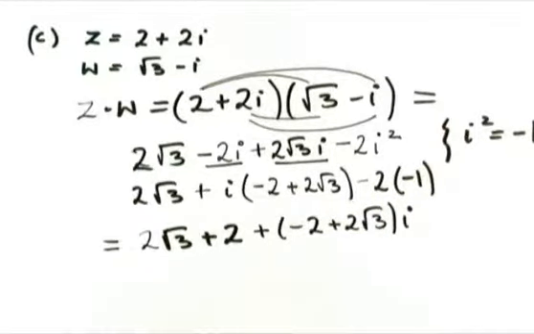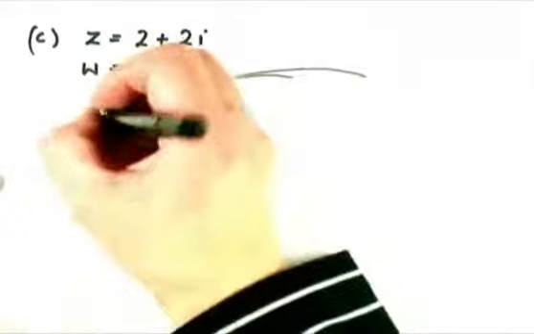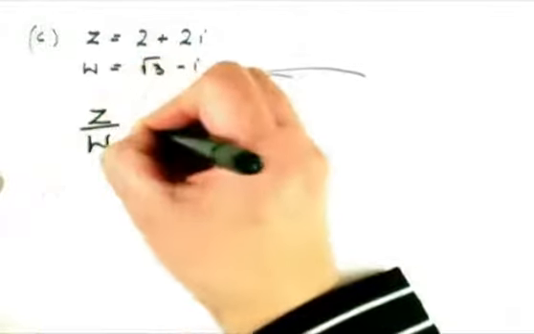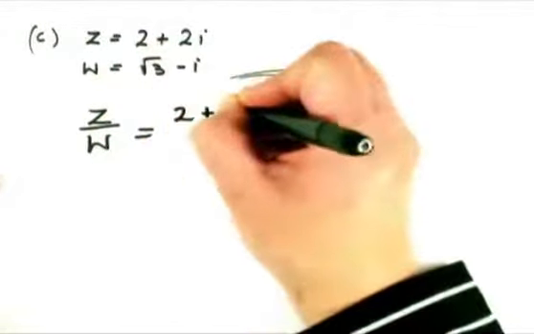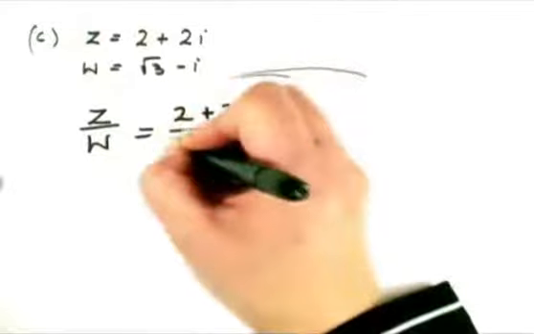That's the product, and the division would go the same way. Now we need to find z divided by w. So we have 2 plus 2i divided by root 3 minus i.